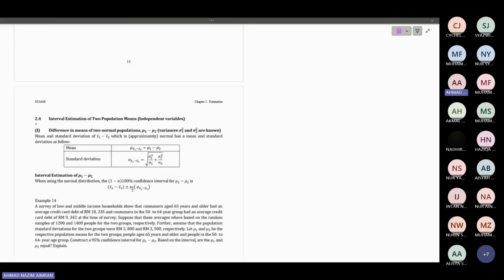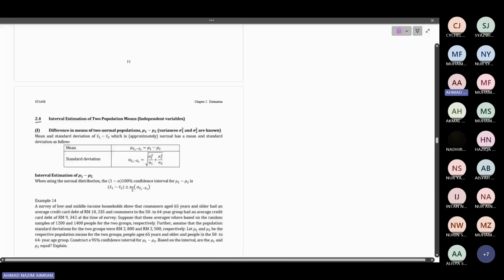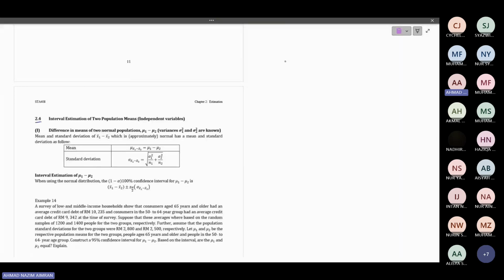Okay, now this is 2.4, interval estimation of two population means. Let's recap what we learned last week: interval estimation of one population mean. When estimating an interval for one population, we find the confidence interval for that population only.